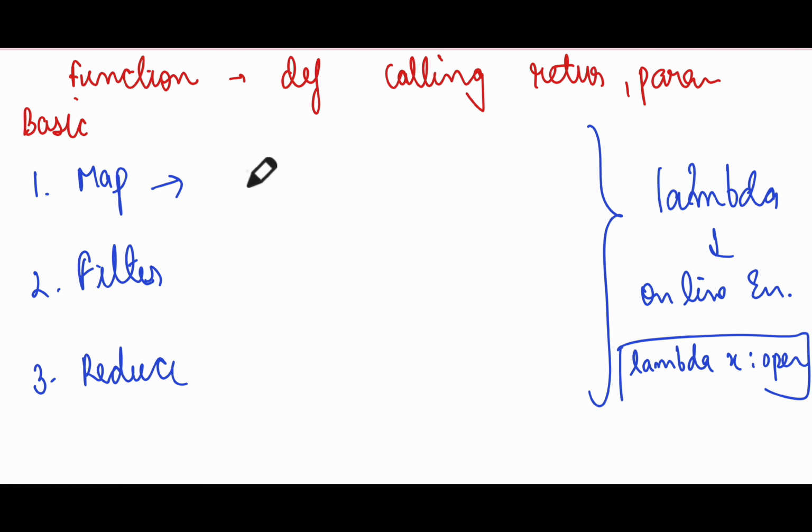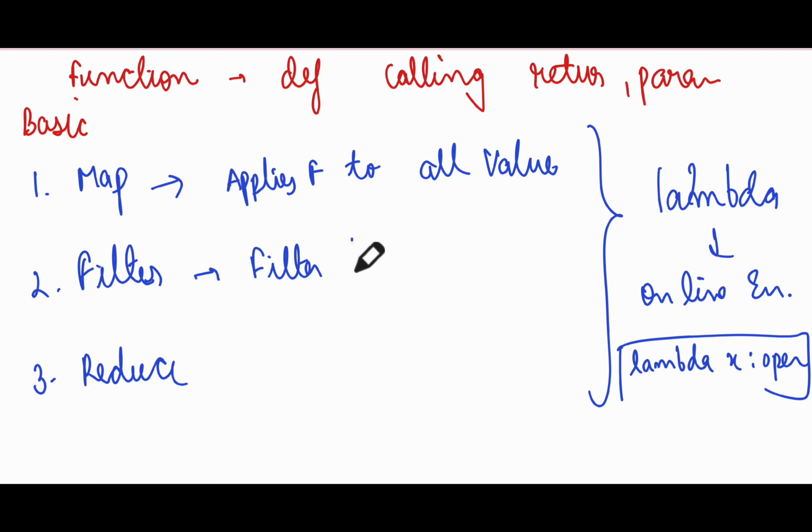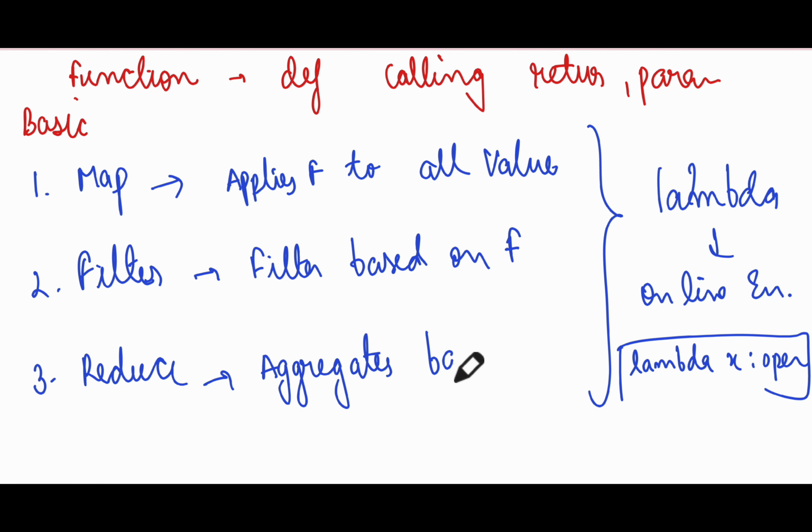So what map does, it applies the function to all the values of an iterator. Filter filters based on the condition, based on a function, and reduce aggregates or accumulates based on a function. So this is what you need to understand.